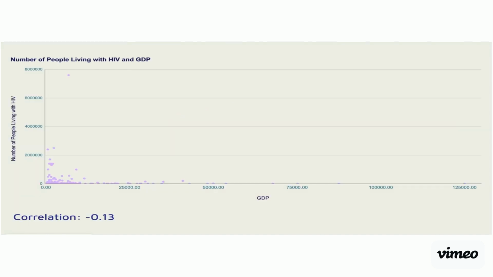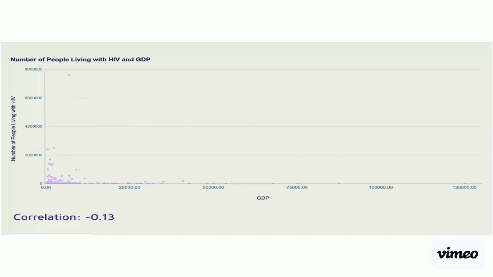Okay, and then this last chart is when I started using the GDP data, and I thought that there would be a bigger correlation between a country's GDP and the rate of HIV, the amount of people living with HIV.